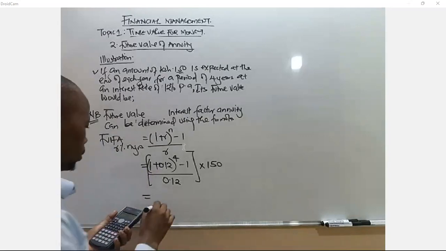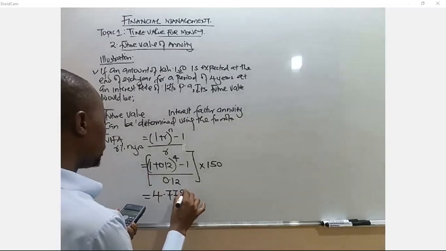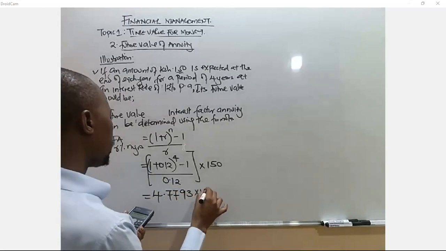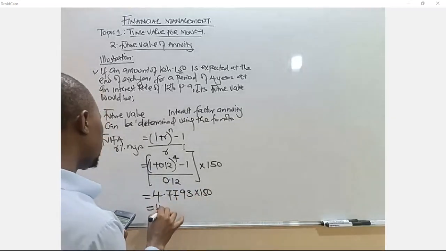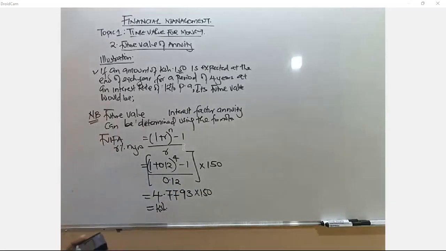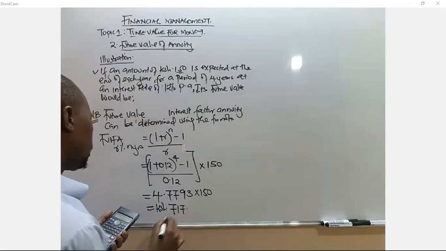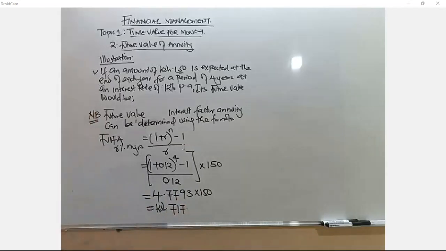I'm getting something closer to 4.7793. Then you multiply by 150. How much is it in shillings? I'm getting something closer to 717. That is what I'm getting, 717.